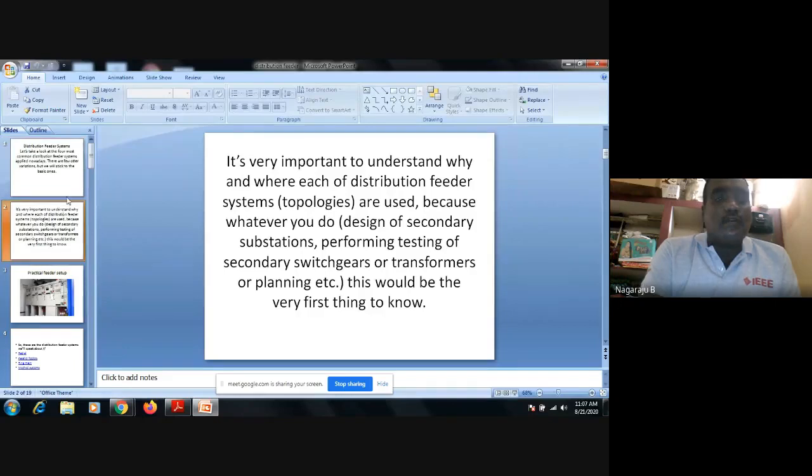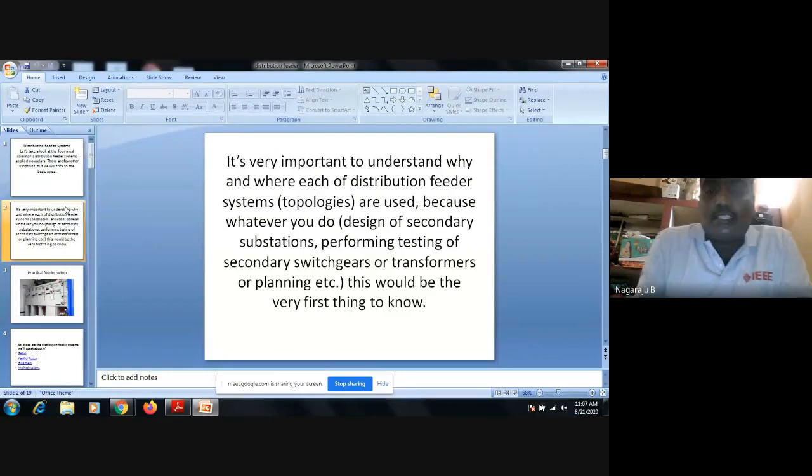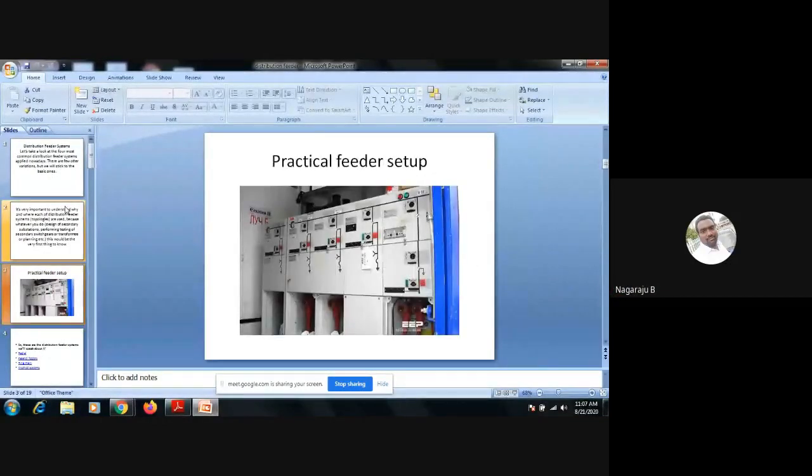It is very important to understand why and where each distribution feeder system is used, because whether you are designing substations, secondary substations, or testing secondary switchgear or transformers, this is the very first thing to know.